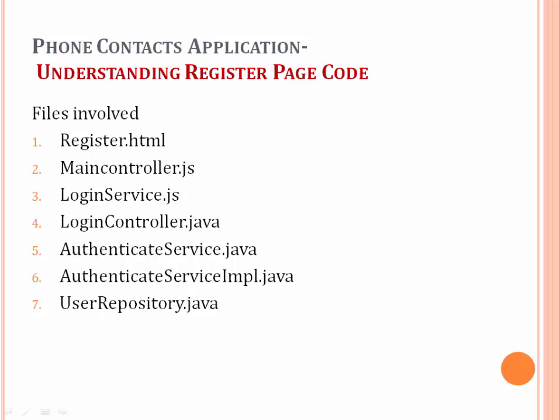On the server side, we have login controller.java, which accepts the request for registration and calls the authenticate service impl, which uses user repository.java to persist the registration information, and with the help of login controller.java we get back to the user. Let's have a look how these files work together and the code.